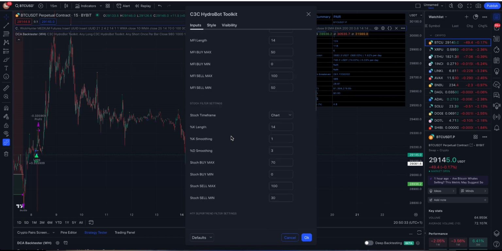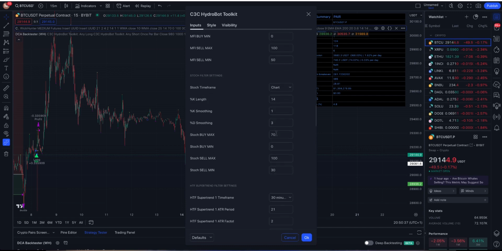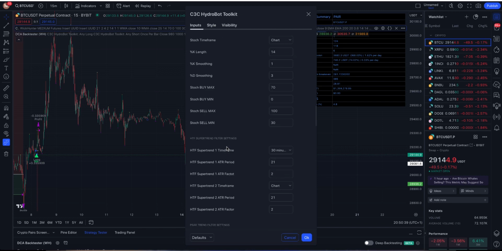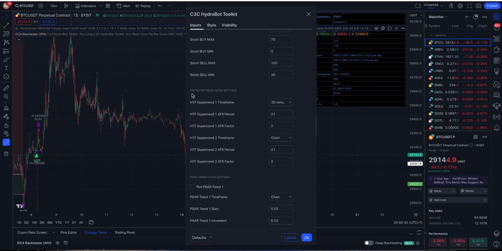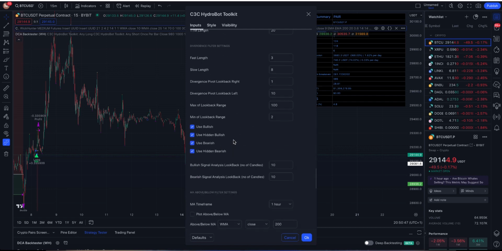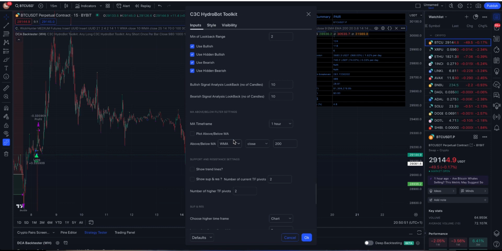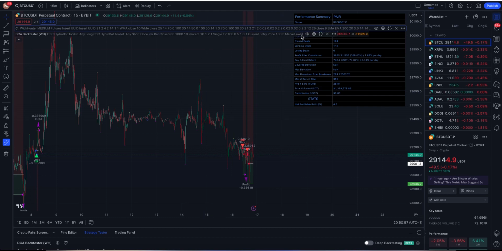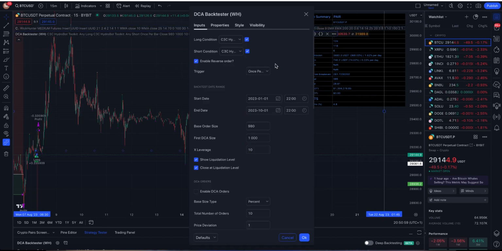There are the stochastic settings here, and then high time frame super trend settings are there, and then we have the MA settings there. So I'm going to OK that, and then I'm going to go into my backtester.